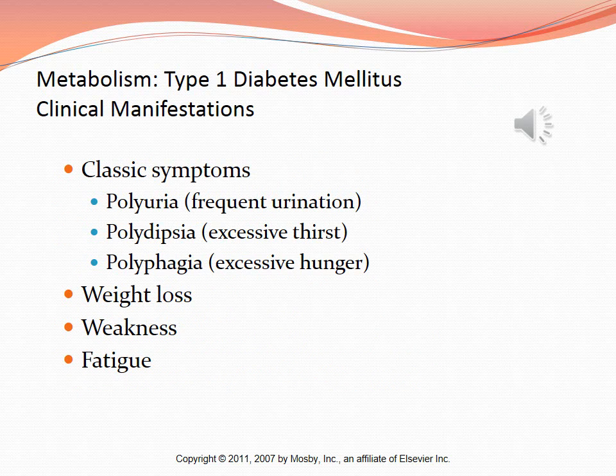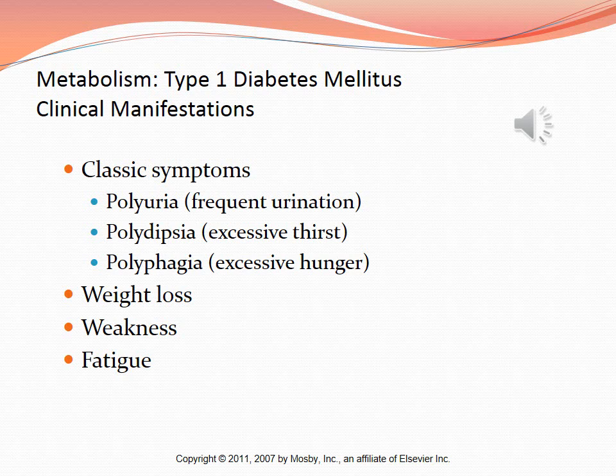The concept of metabolism concerning the exemplar diabetes mellitus, which is classified into different types. There is diabetes type 1, diabetes type 2, gestational diabetes, and diabetes associated with other conditions or syndromes.